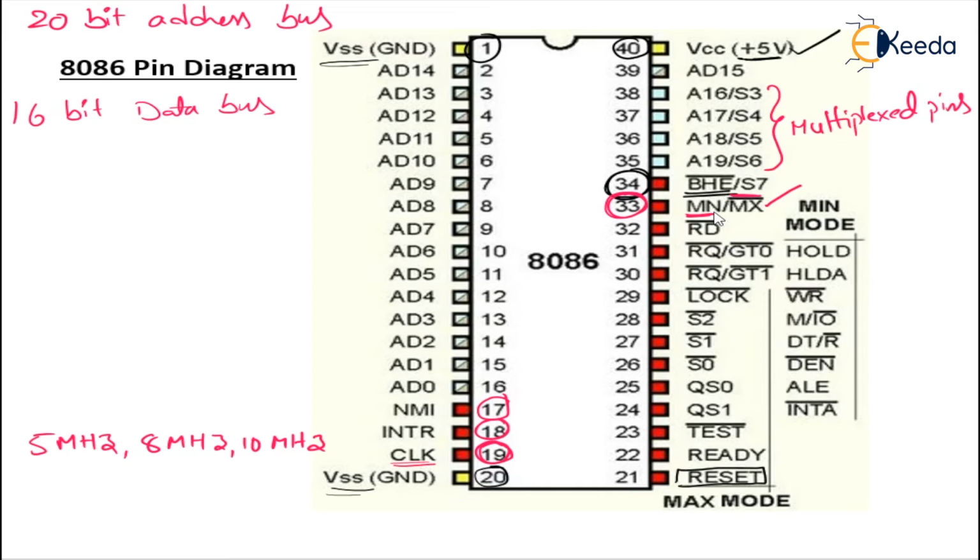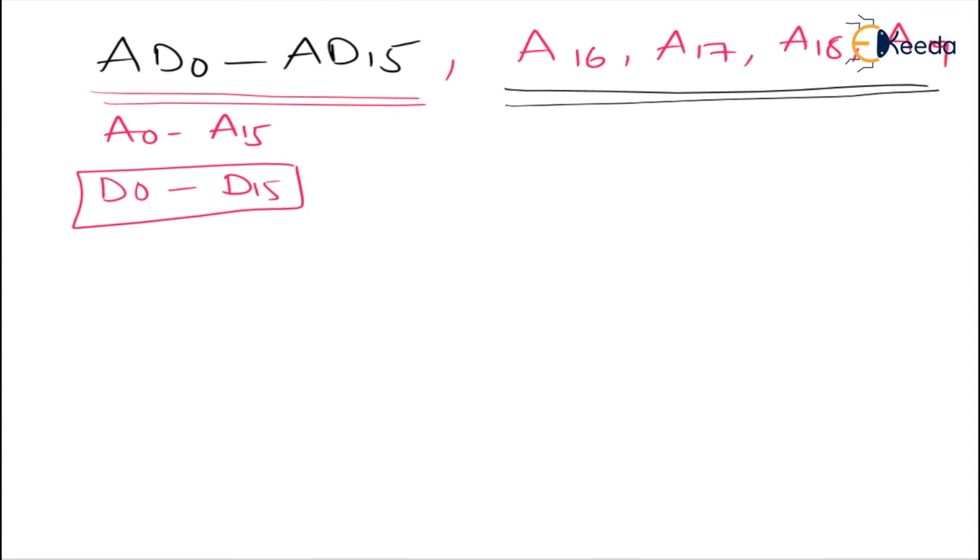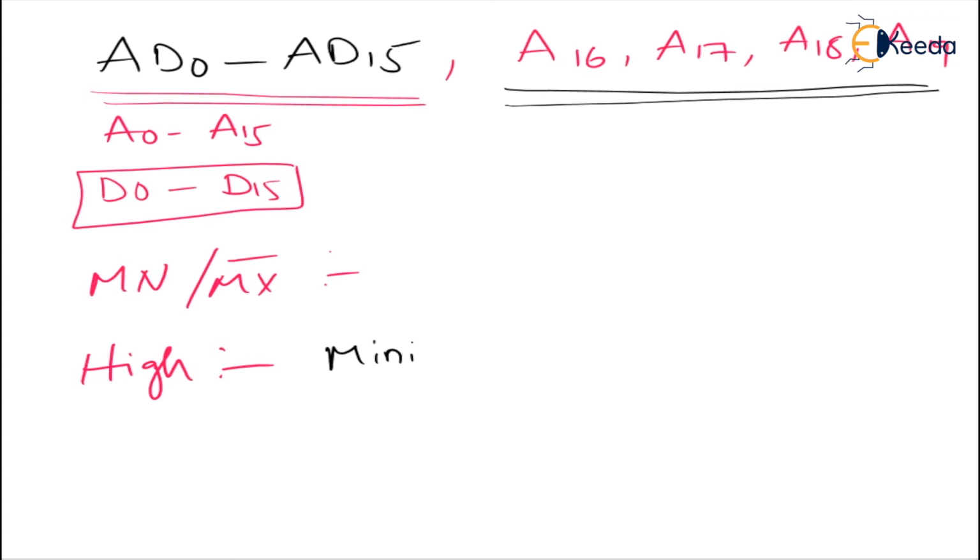When MN by MX bar is high, that means it is operated on which mode? High indicates minimum mode. Remember this, it is very important. Minimum mode means the processor is operated as a single processor.